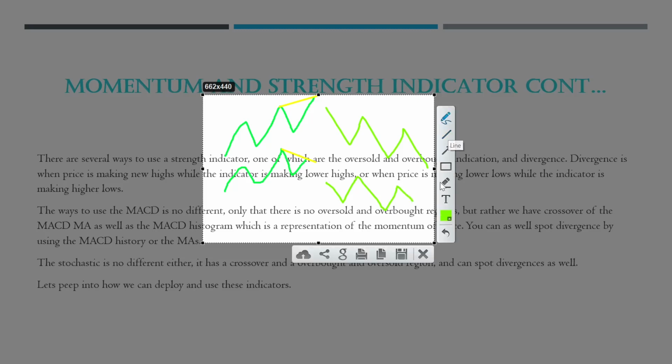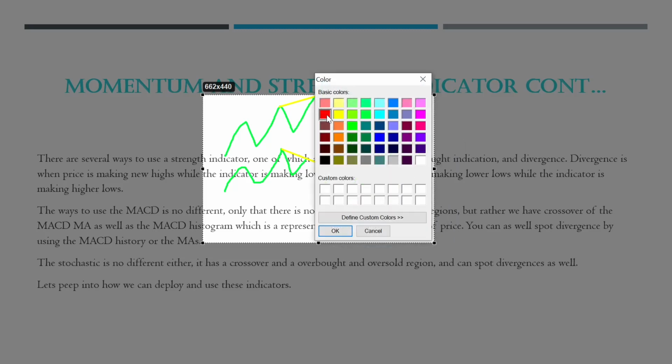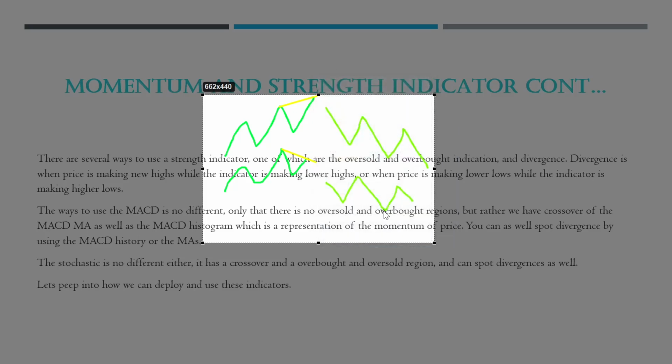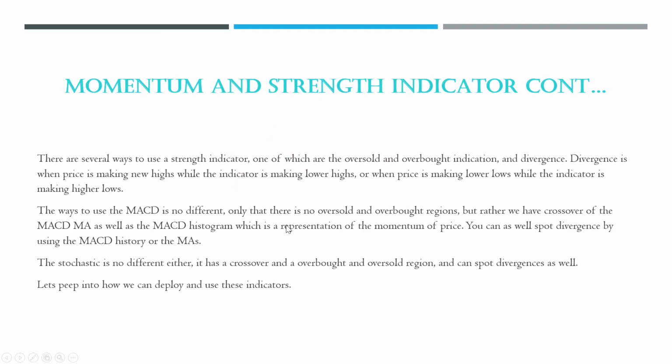So if you are to draw this, the indicator, this will be a higher low to this, whereas price is making a lower low. This low is lower than this low. So there is an anomaly between price and RSI. That is what we call divergence.